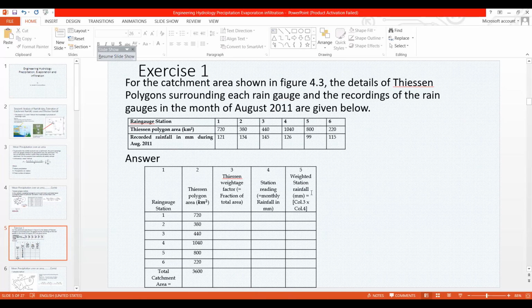Then you can calculate the weighted station rainfall, and finally calculate the overall Thiessen polygon average rainfall for the catchment. So can you do it within 5 minutes? It won't take more than 5 minutes. I'll give you 5 minutes. Please work this out.